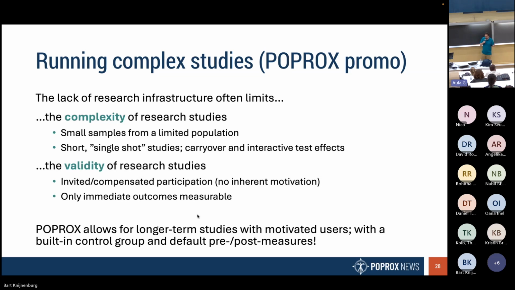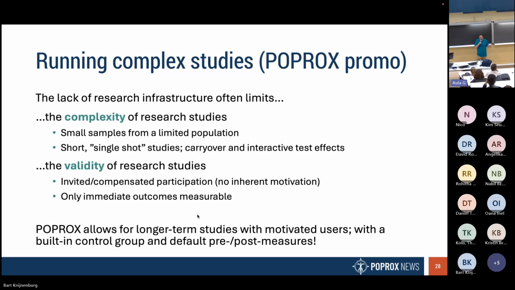I can't really do very complex studies because I'm running something in my lab, and I can run something for like half an hour on Mechanical Turk or a platform like Prolific. And so I can't really do these long-term studies. And so you get these single-shot studies, you get this carryover effect, you get these interactive test effects, and we have to deal with it, and there are ways to deal with it.